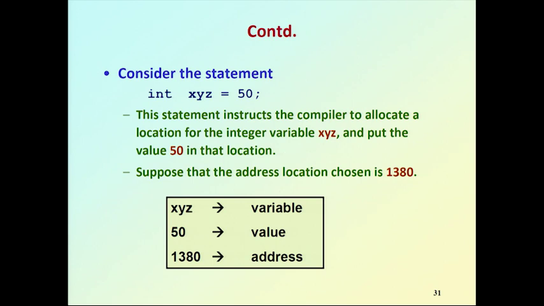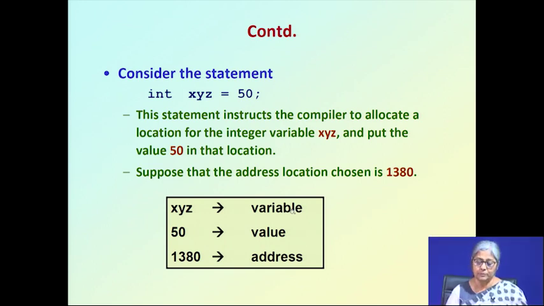So if we think that in the address location 1380 this xyz is reserved, then xyz is the variable name, 50 is the value, what we call data, and 1380 is the address. So whenever we define int xyz equal to 50, these are the 3 pieces of information that go to the compiler: xyz is the variable name, 50 is the value, 1380 is the address.